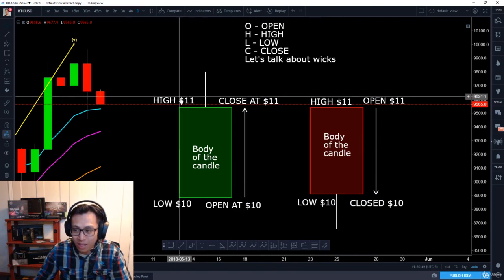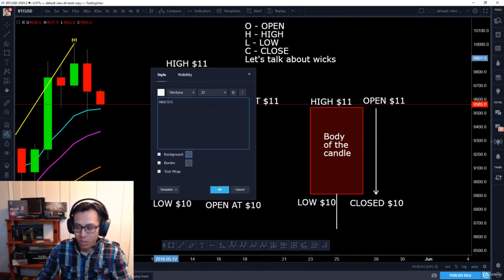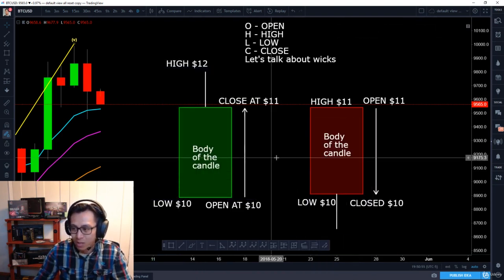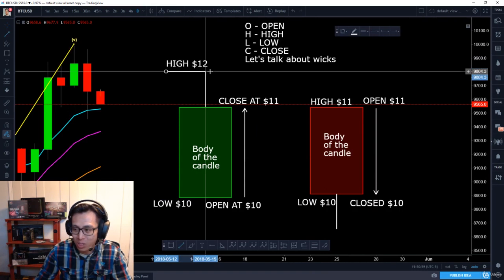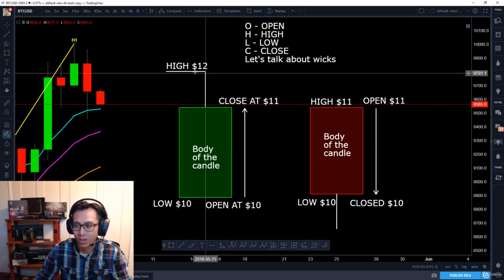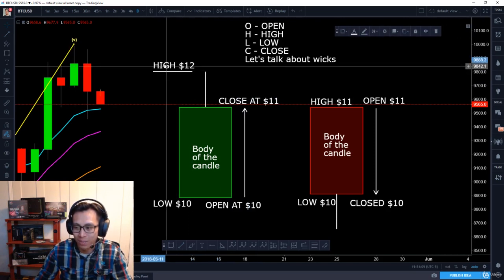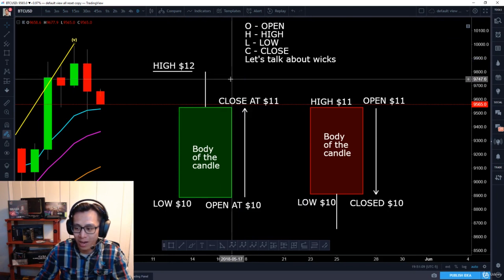The high is actually up here now, right? So perhaps this high was $12. The high is the highest point of the wick, where it actually got to. So now this is the high of the candle because that's where the wick is, right? That makes sense, guys? So this top point right there is the high of the candle.